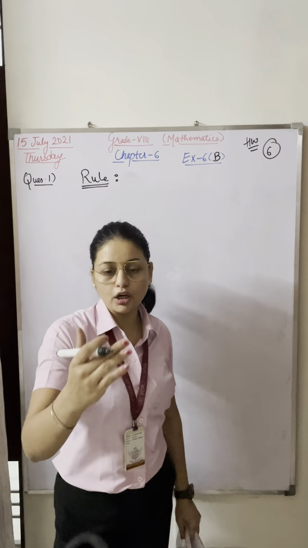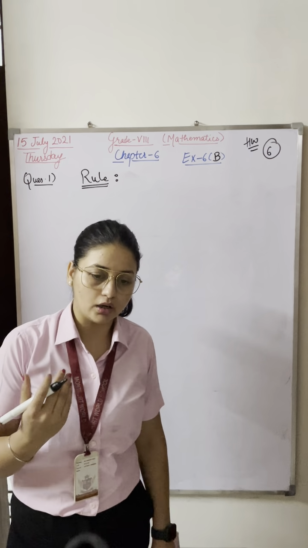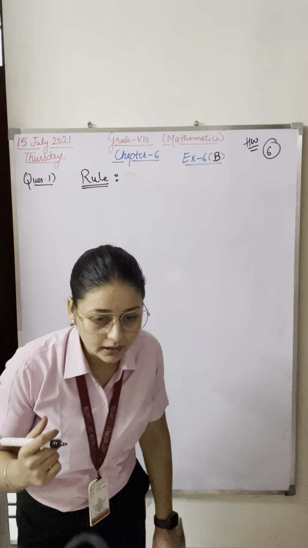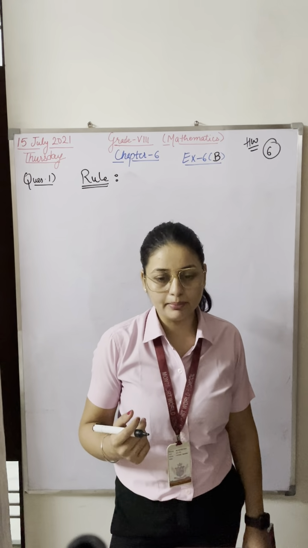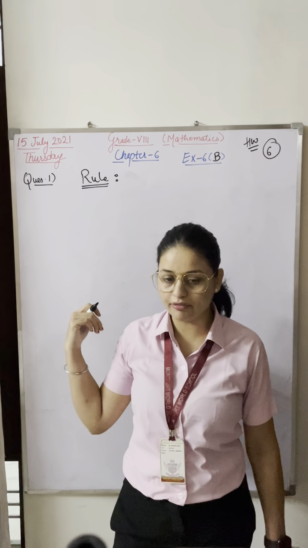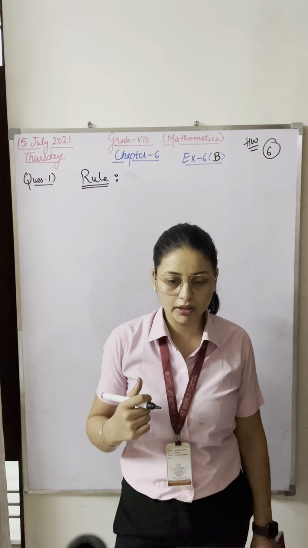Any idea in your mind how we can find out whether these numbers are perfect squares? Shraddha is saying prime factorization, LCM method. Fine, Shraddha, that we did in the previous exercise. Fine. Chaitanya, very good.